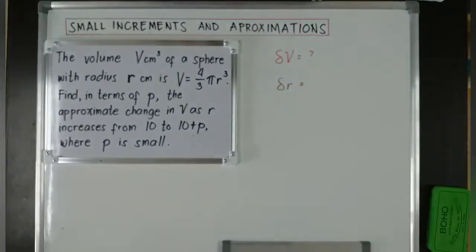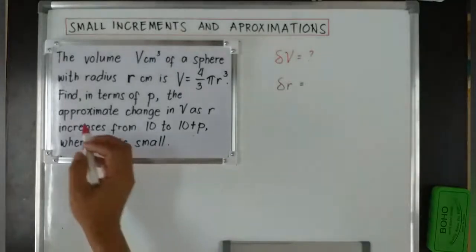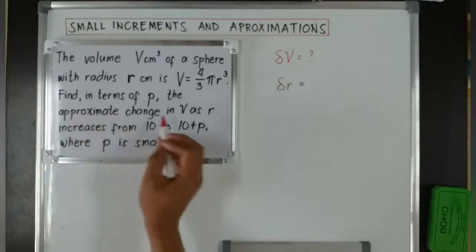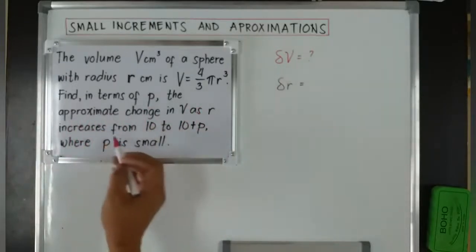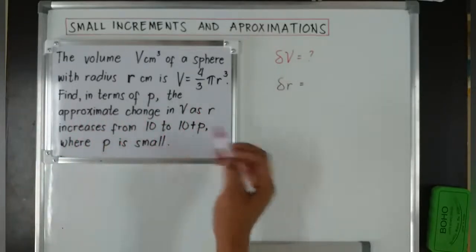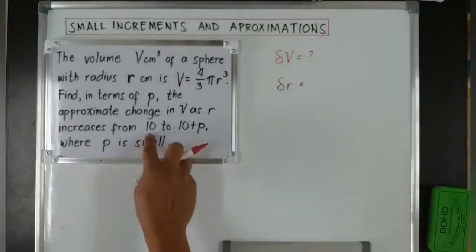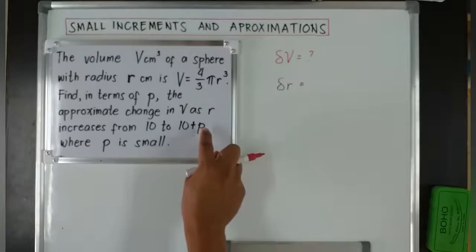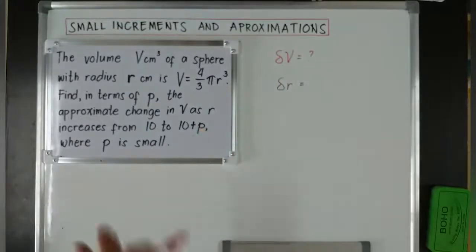Let's study again the sentence. It says, find in terms of P the approximate changes in V as R increases from 10 to 10 plus P. So you have added a P. And when you have added something to a number, that is the increment of that number.